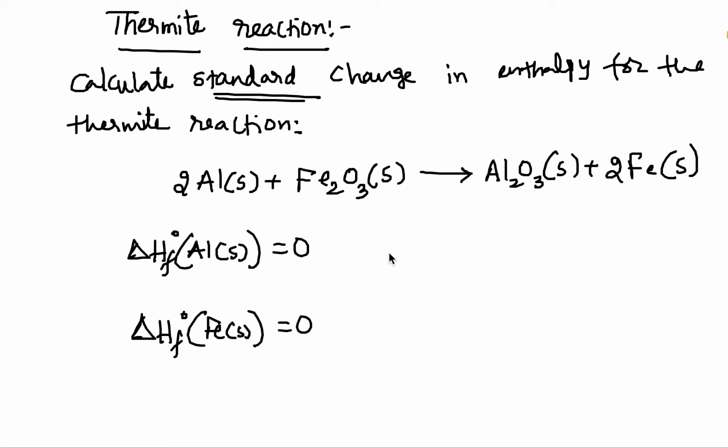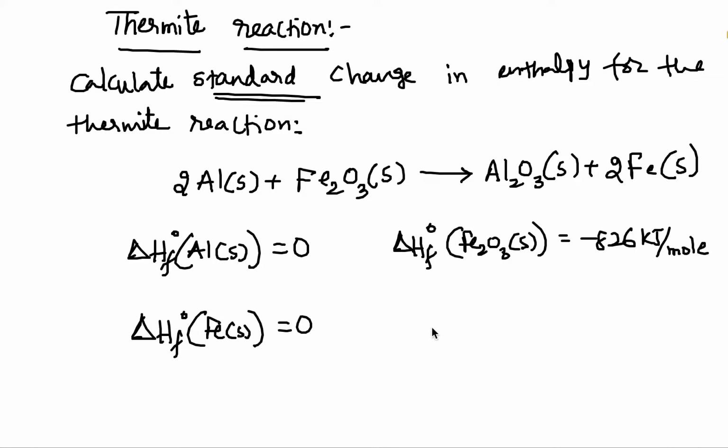And there are other ones. That is delta HF formation for Fe2O3 solid, that's going to be negative 826 kilojoules per mole. And what is the other substance we have?